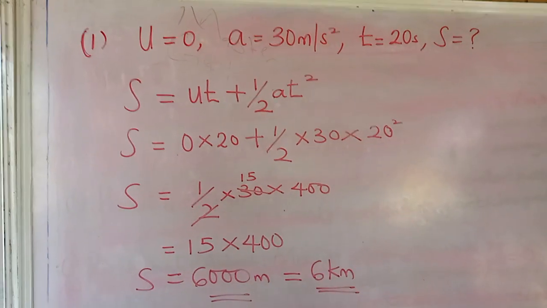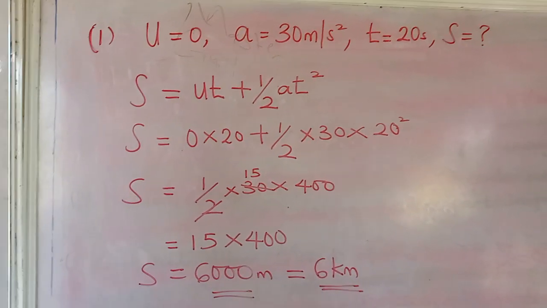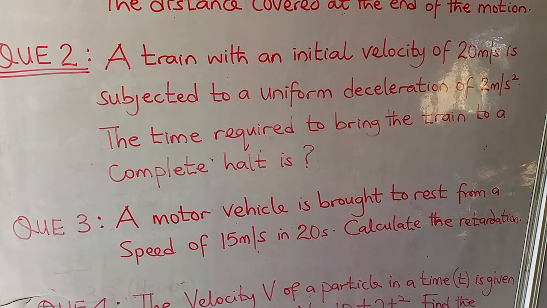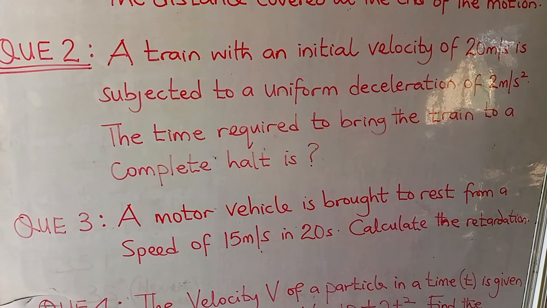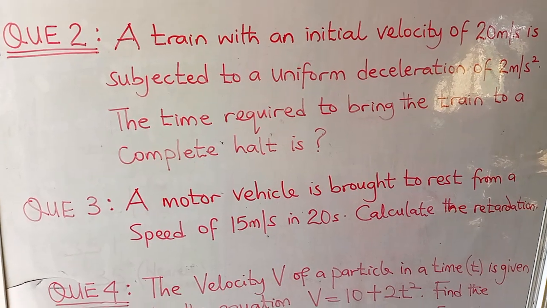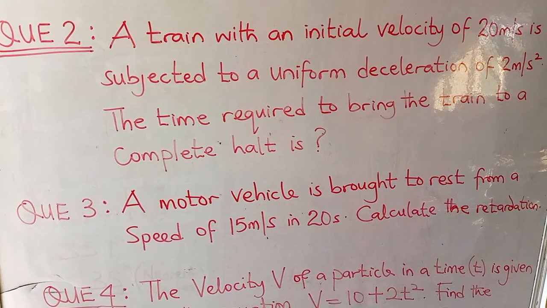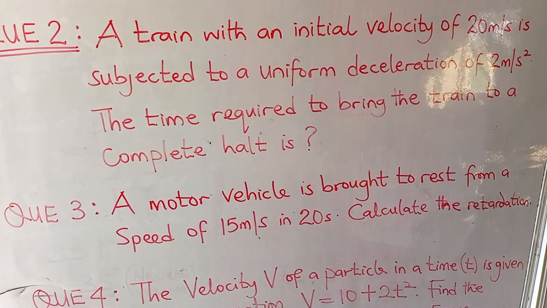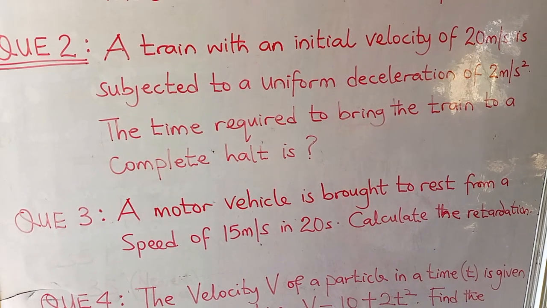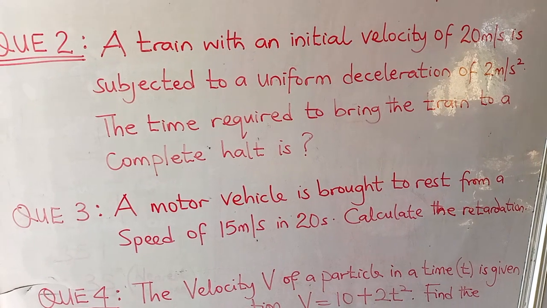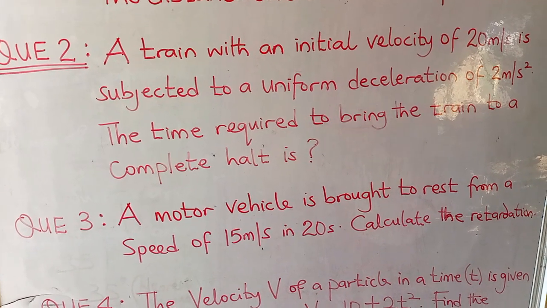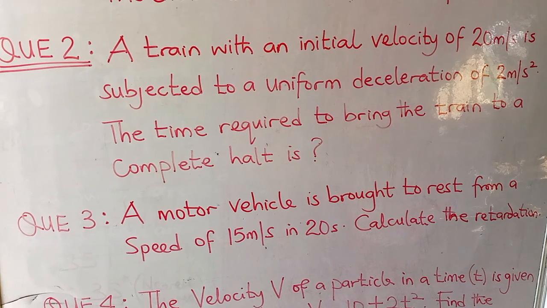The second question. A train with an initial velocity of 20 meters per second. The unit of velocity is meter per second. The train is subjected to a uniform deceleration. Deceleration is also retardation, that's negative acceleration, of 2 meters per second squared.